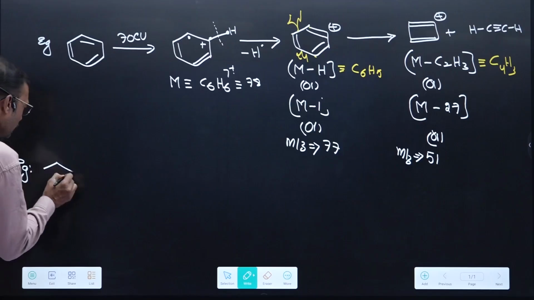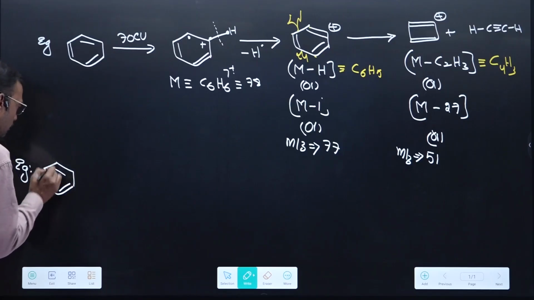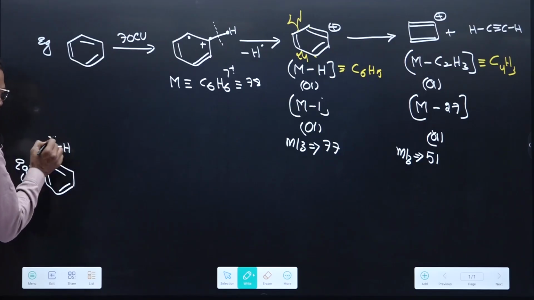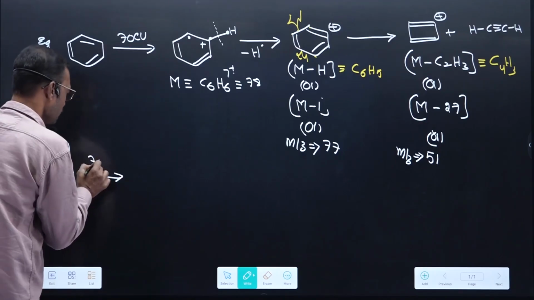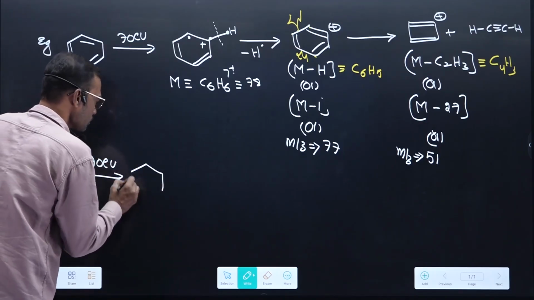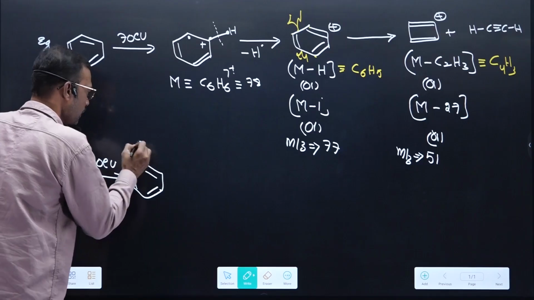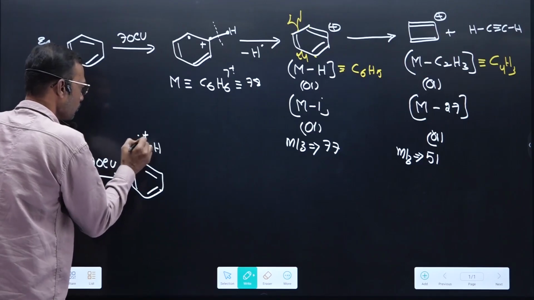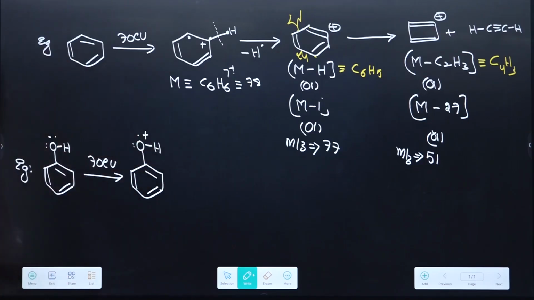If you really understand, work out this example. This is lone pair, 70 electron volts. I prepared a molecular ion, phenol. What is the MZ value of phenol? What is the molecular formula? MZ value of phenol.